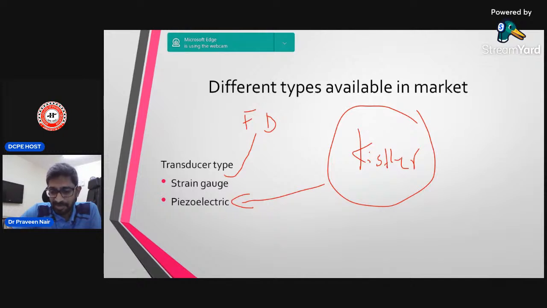And then there is a company called Bertec, Hawkin Dynamics is there, and BTS also is there. But as I said, there are several companies.